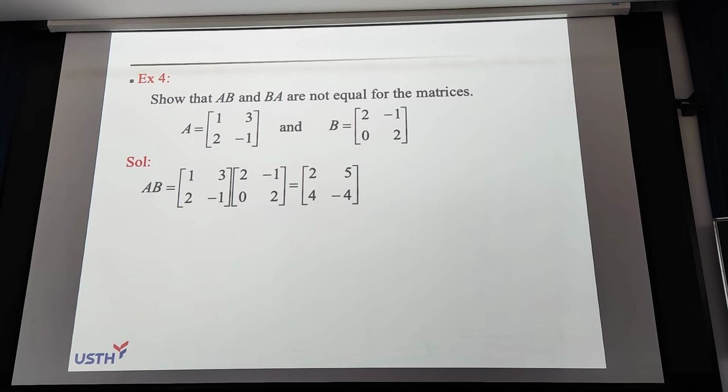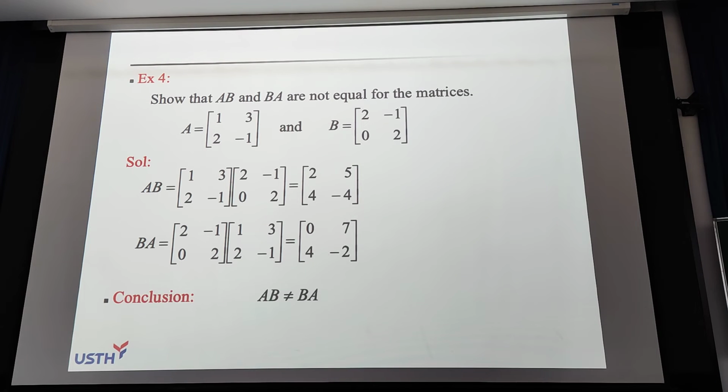And B multiplied by A, you get that one. Obviously, the two products are different from each other. So you can conclude that AB is different from BA. That is an example to show you that, in general, matrix multiplication does not have commutativity.